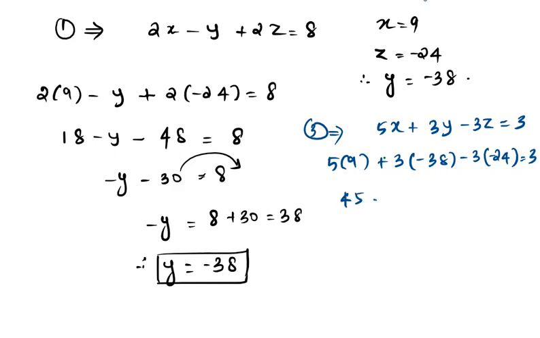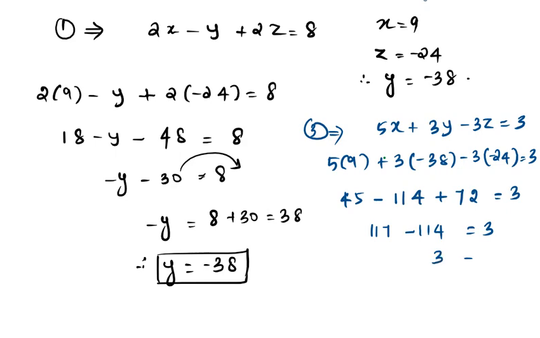Here plus into minus will be minus, 3 into 38, 8 3s are 24, 9, and here 114. Minus into minus will be plus, 4 3s are 12, 1, 72. So adding these two values and subtracting 114, let me add it here. You will get 117 minus 114, which is equal to 3.